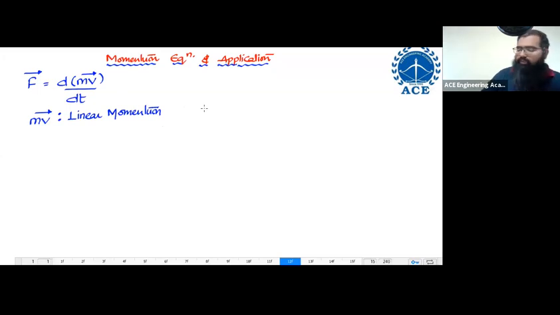So basically force is equal to rate of change of linear momentum. Please remember, linear momentum, which is represented by capital P vector, is a vector quantity.